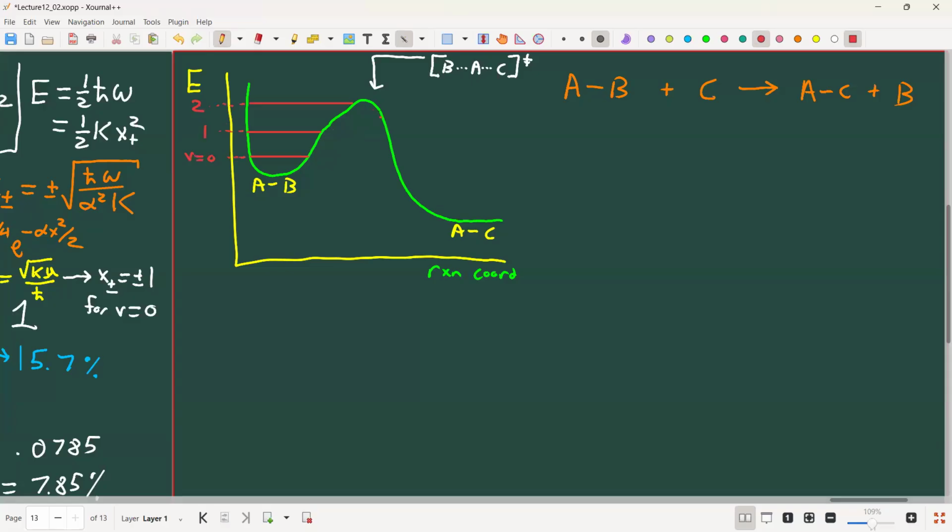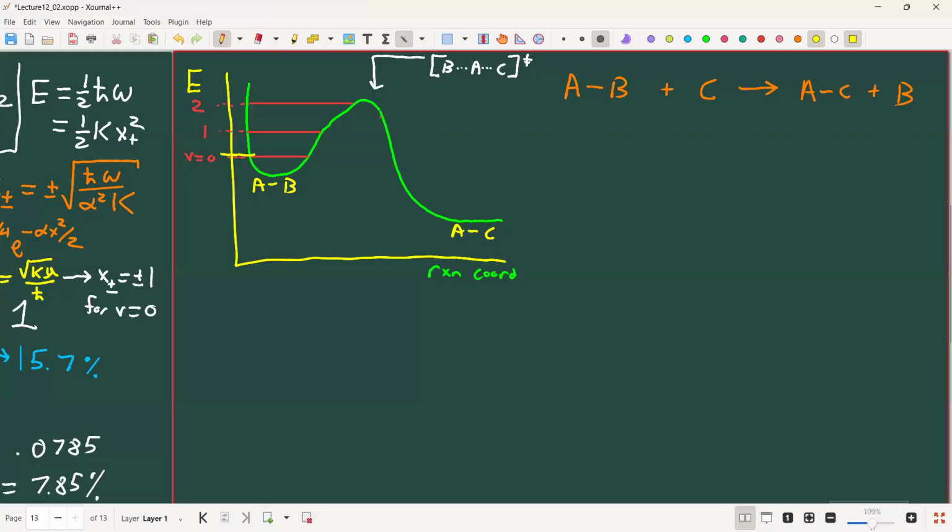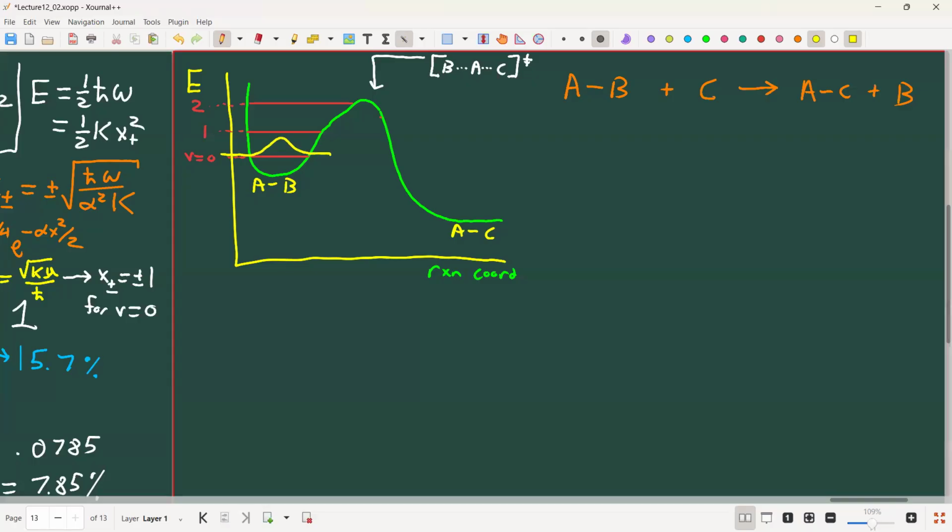Let's think about what the wave function of AB looks like in those regions. Okay, so the V equals 0 wave function has some peak here, and it kind of tapers off like that into the potential.